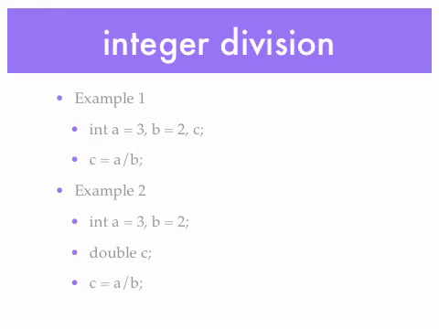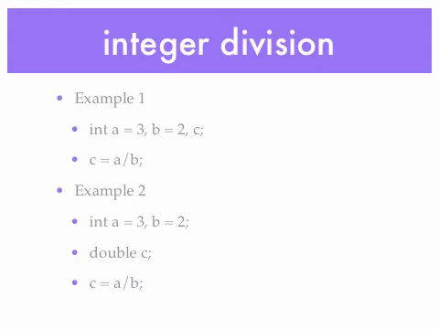Now, when we use the division operator on integers, we can have unexpected results returned to us. If I declared 3 variables, all of type int, a, b, and c, giving a a value of 3, b a value of 2, and no value associated with c.